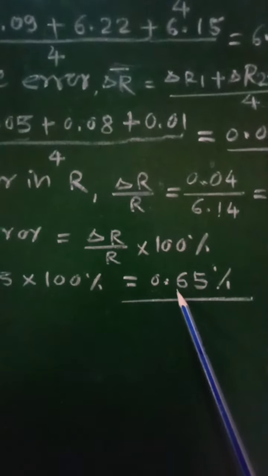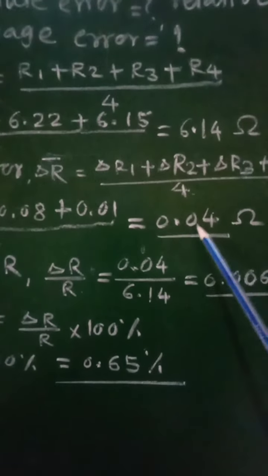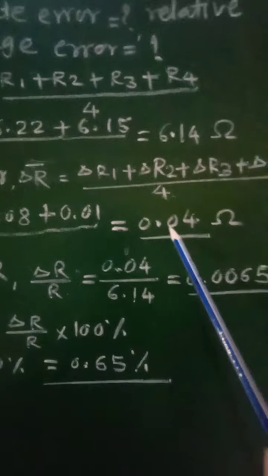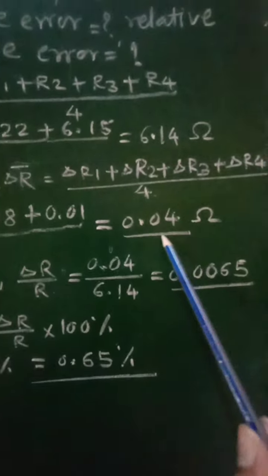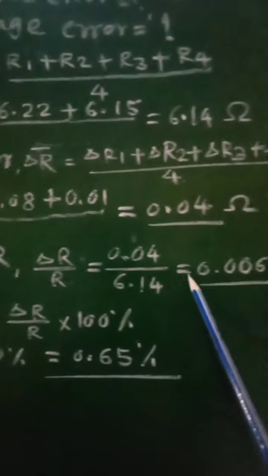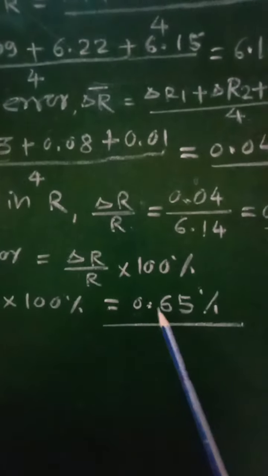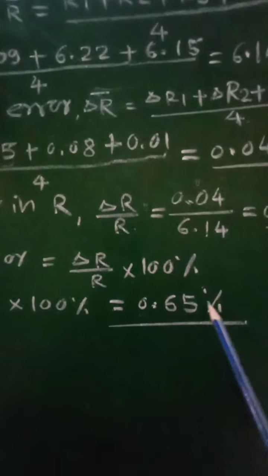So for this numerical, mean absolute error is 0.04, then relative error is 0.0065 and percentage error is 0.65%.